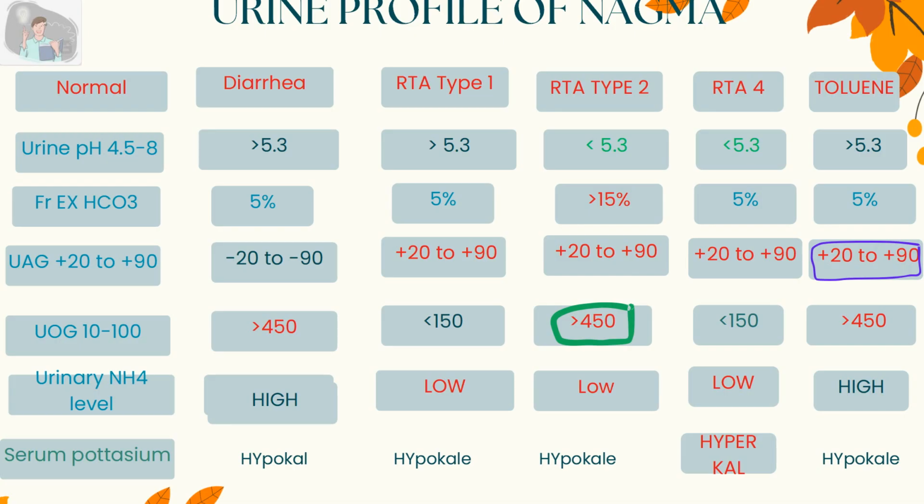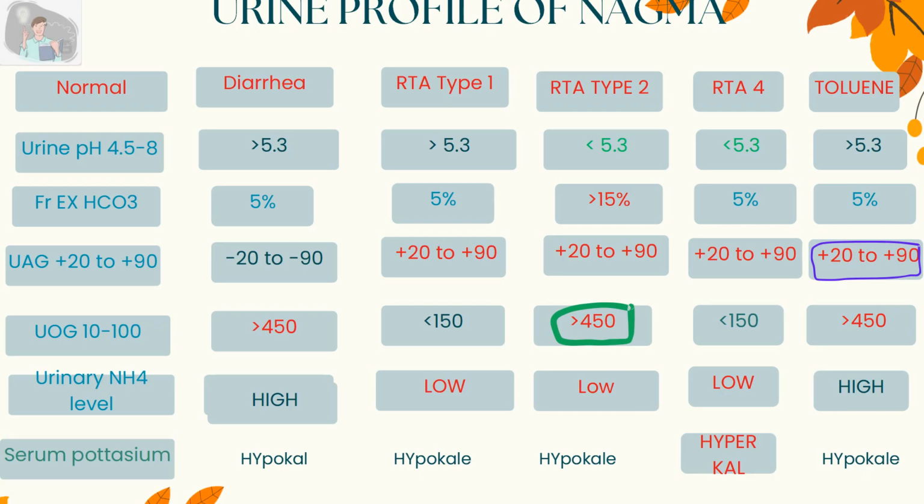So there is significant ammoniogenesis, where the ammonia comes into the urine and mops up all the free floating hydrogen ions and forms ammonium. Thus hydrogen ions are used up and the urinary pH goes up to an alkaline level. So the brisk ammoniogenesis by a well-functioning kidney is the cause for the urinary pH being on the alkaline side for diarrhea and toluene.